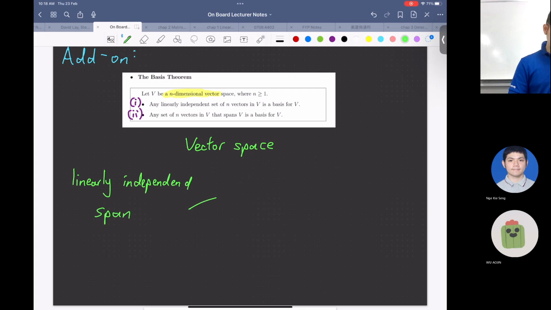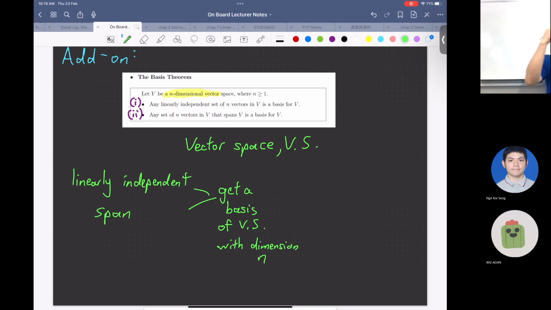Only these two you can get a basis of the vector space, and then with dimension n. Every time I say if you want to show it's a basis, check linearly independent, check span.